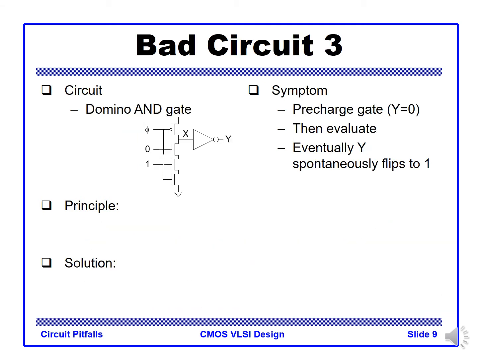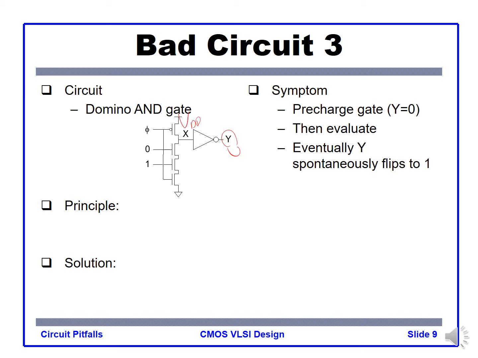Another bad circuit example can happen in a domino AND gate, for example, domino circuits. In this domino, you may have the following symptom. You pre-charge the gate X, then Y becomes 0, VDD.